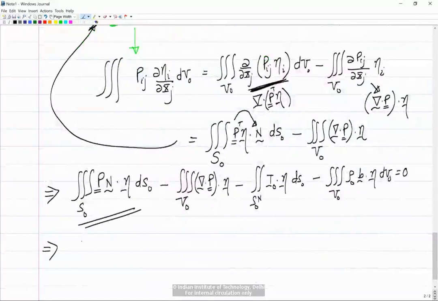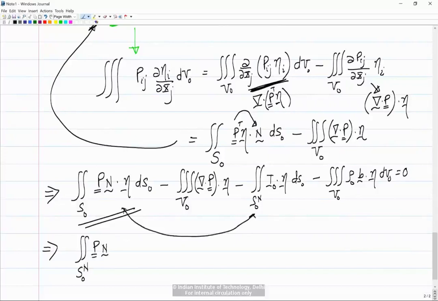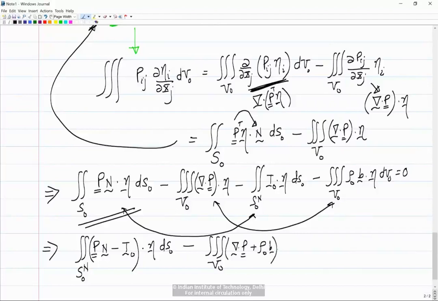So you can also write this just over the Neumann surface, S naught N, P N. But then you can also combine these two and you have Pn minus T naught dot with eta dS naught, and then the remaining one you combine, minus integration over volume V naught, so basically these two, divergence dot P plus rho naught B dot with eta dV naught equal to 0.